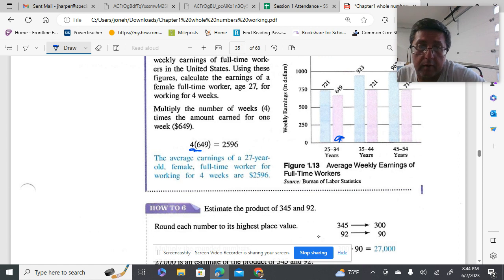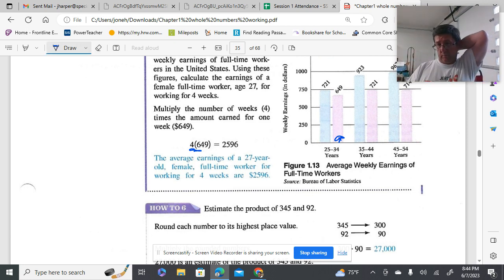They're putting 4 times, or they're putting 4 bracket or parentheses 649 in parentheses. That's to show multiplication. We are probably no longer going to use that symbol. And I tried to get us out of using that before we even got into this book, but now that we're here, this is going to be real important. And they're probably eventually not even going to use the dot a whole lot.